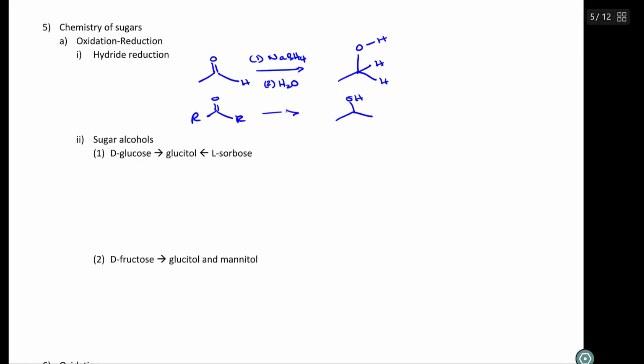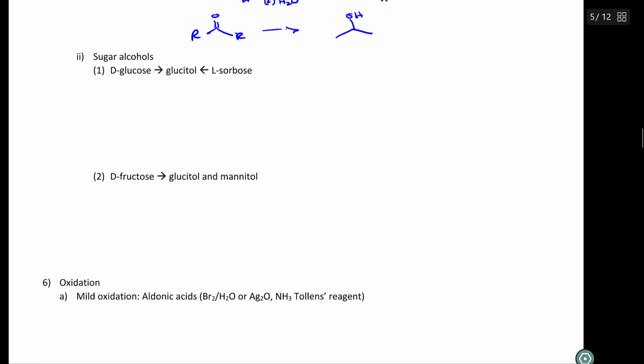Now, when you take a sugar and do that, so now we're going to do glucose, glucose looks like this. And then I have CHO at the top and CH2OH at the bottom. This is an aldehyde, so what I'll get at the top here is I'll transform that into an alcohol group.